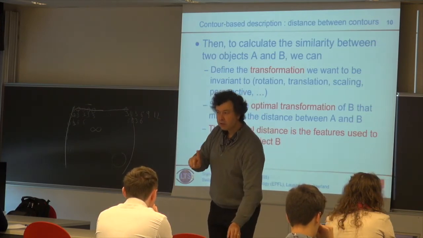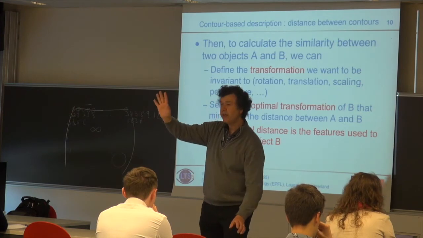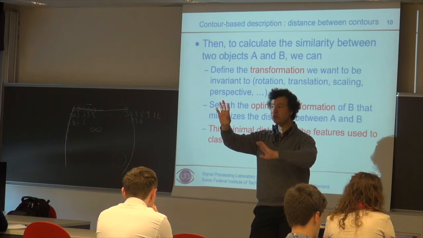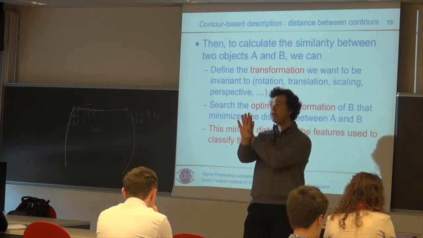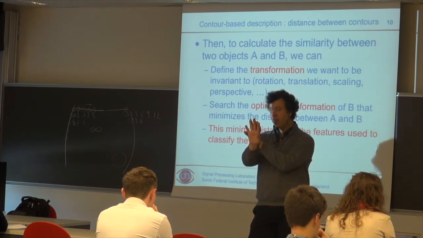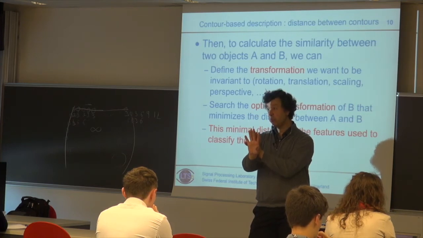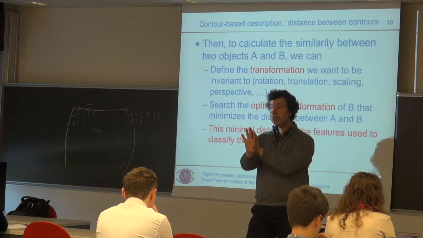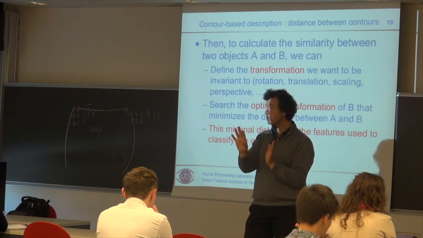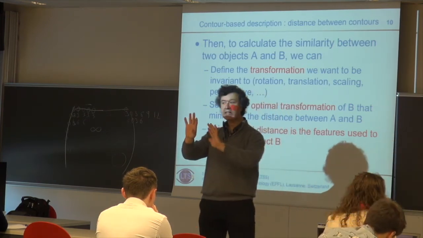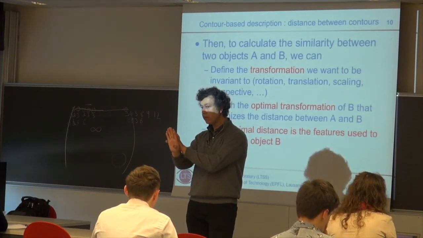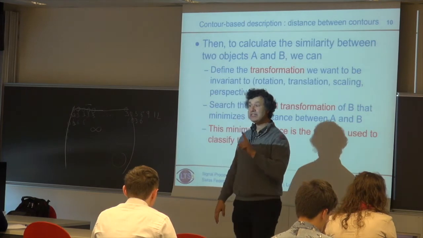Why? Because you can say, I have a rectangle like that. I have a rectangle like that. I want to find the translation and rotation that minimizes the distance, and then the residual is my measure of similarity. By doing that, this residual is invariant to rotation and translation, because you basically cancel out the translation and rotation. You want to be invariant in scale.